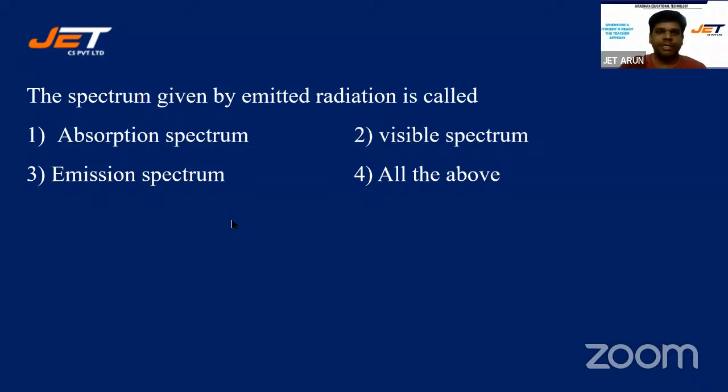The spectrum given by emitted radiation is called absorption spectrum, visible spectrum, emission spectrum, all the above. Emitted radiation source.